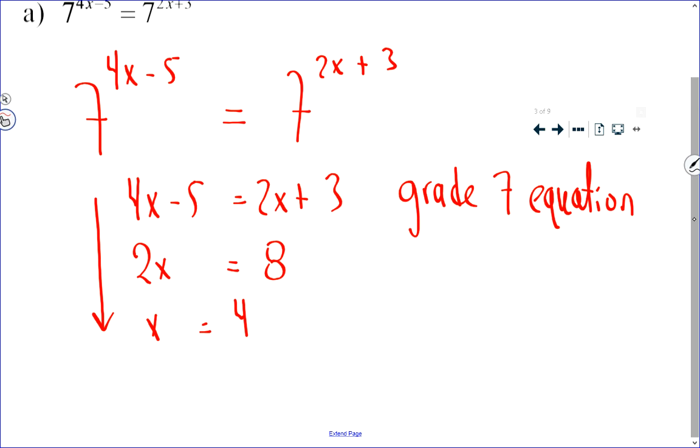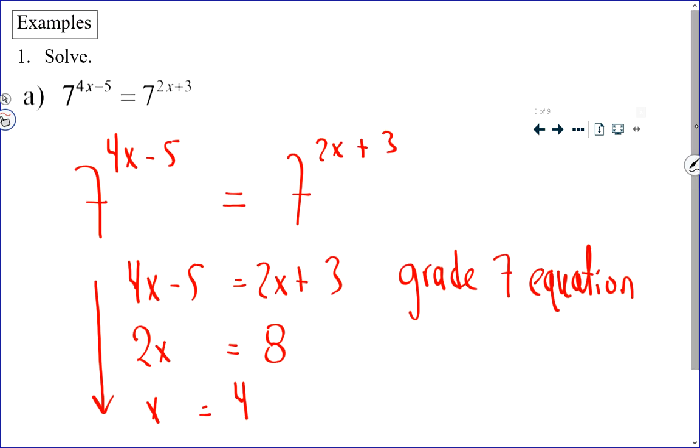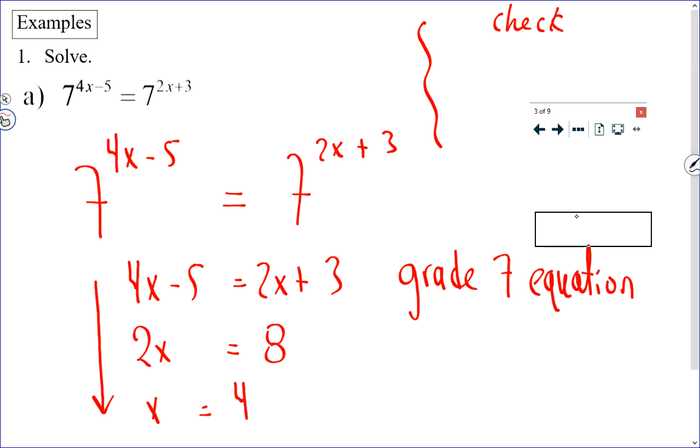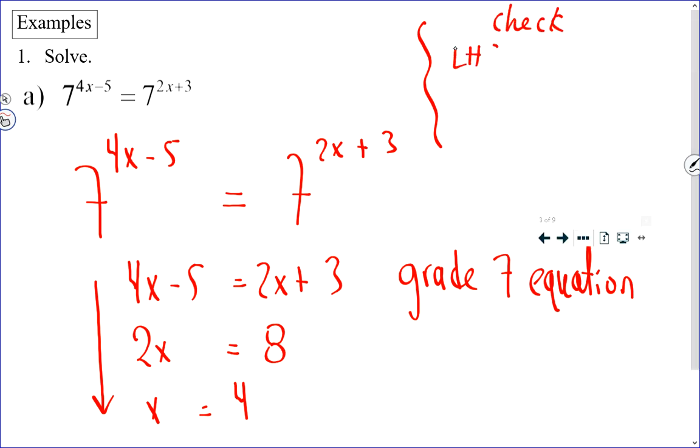Just to drive this home, and we're certainly not going to check all of our answers today, if I were to do a check here, the left-hand side would be 7 raised to the 4 times 4 minus 5. The right-hand side would be 7 raised to the 2 times 4 plus 3.